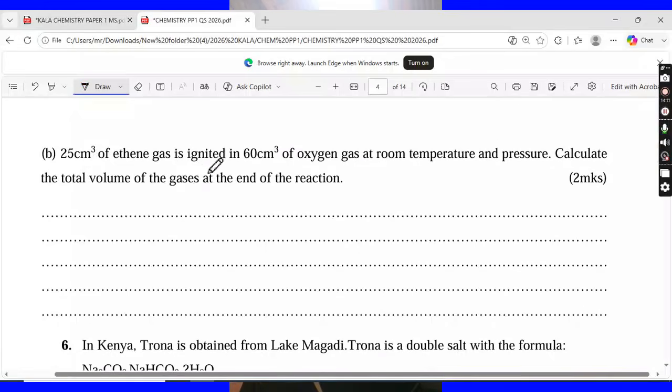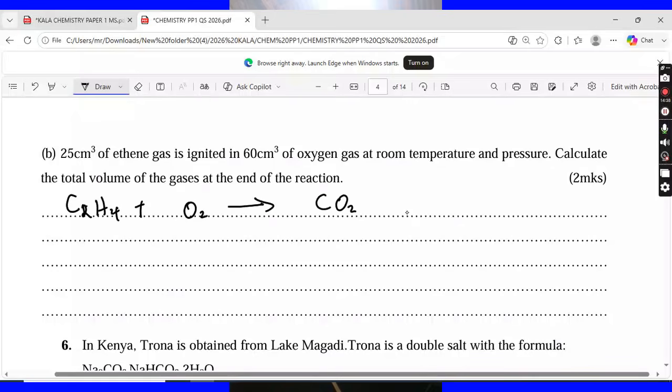25 cm³ of ethene gas is ignited in 60 cm³ of oxygen gas at room temperature and pressure. Calculate the total volume of gas at the end of the reaction. Now we are using Gay-Lussac's law to apply here. Now we have ethene reacting with oxygen.